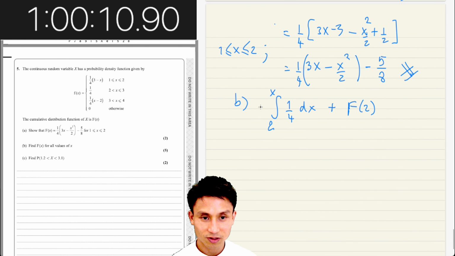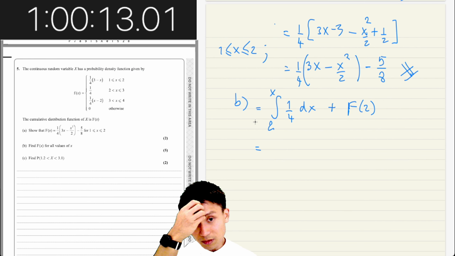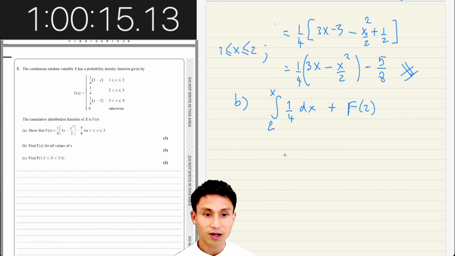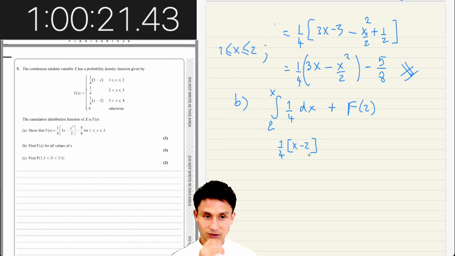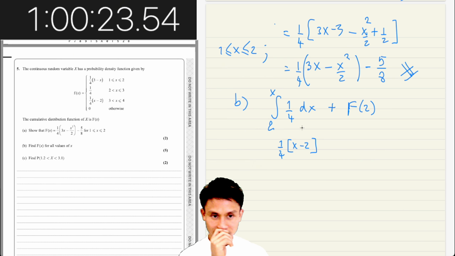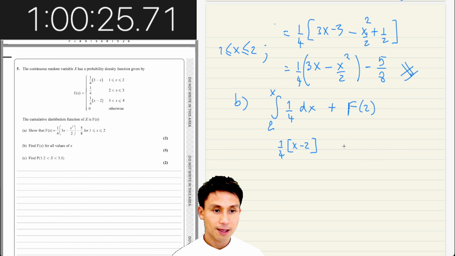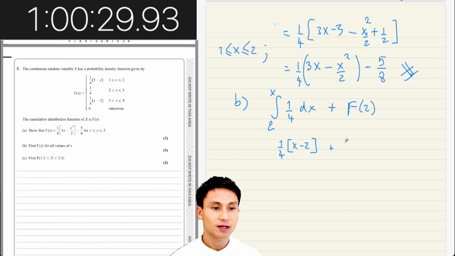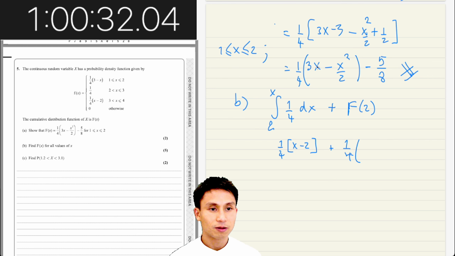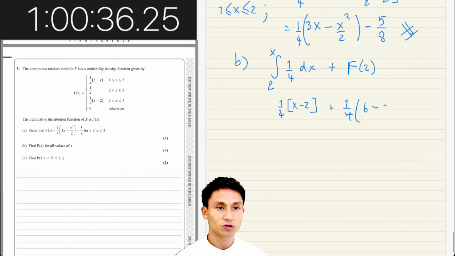So this is the second part. That's going to be 1 over 4 and then x minus 2 here, just substituting the bound in already, integrating. If you sub 2 in here, what do you get? 3 times 2 is 6, 2 squared is 4, so over 2 is 2, and minus 5 over 8.